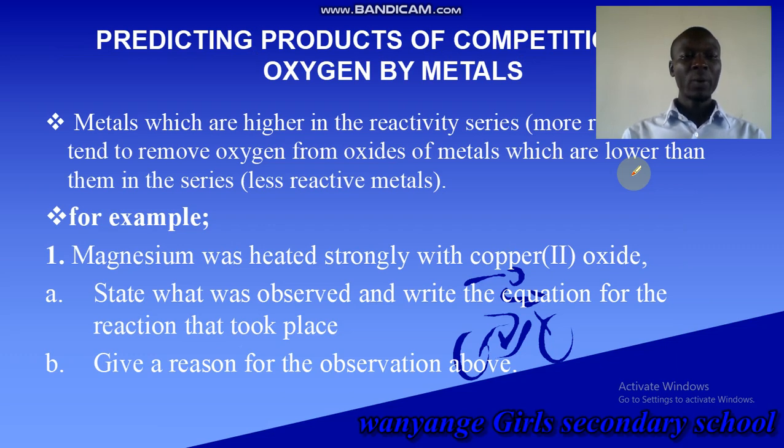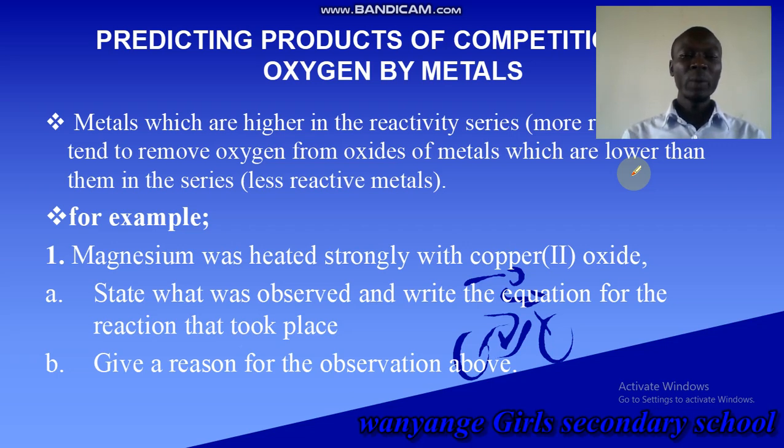Okay, then we have another application of the reactivity series in predicting the products of competition for oxygen by metals. Now, in most cases, when you heat metal oxides with metals, for example, if you heated copper 2 oxide with magnesium, okay, you mixed them and heated them together, there is going to be a product which will be formed.